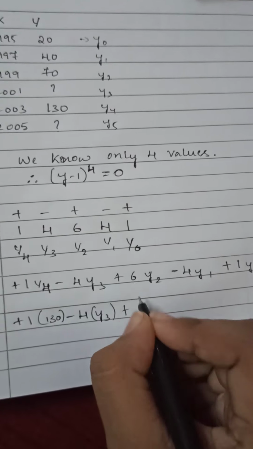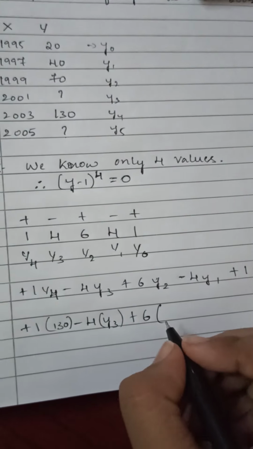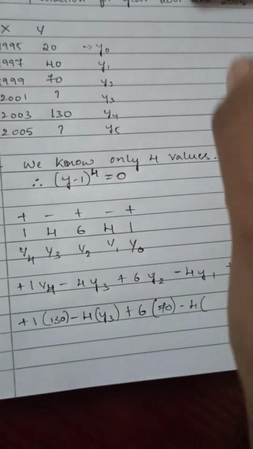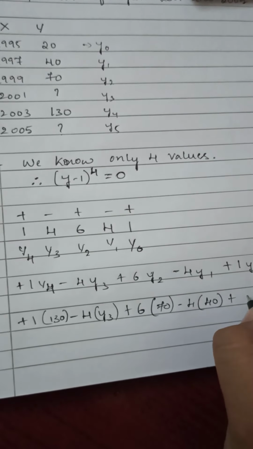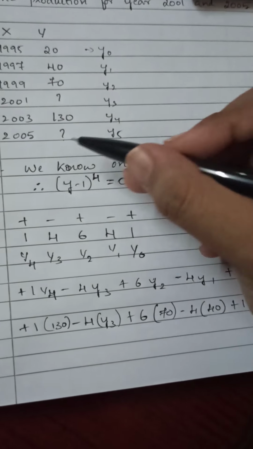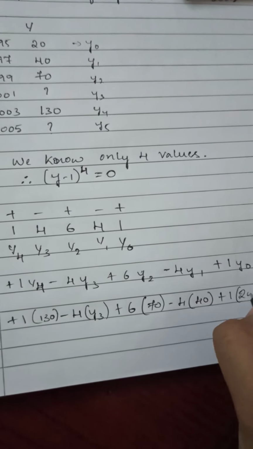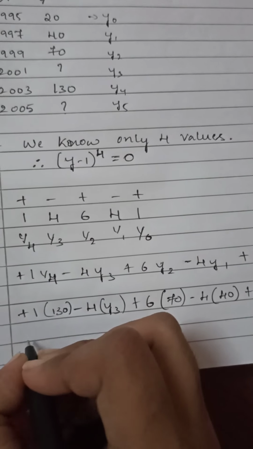Then plus 6 into the y2 value, 70. Minus 4 into the y1 value, that is 40. Plus the y0 value, 20, equals 0.